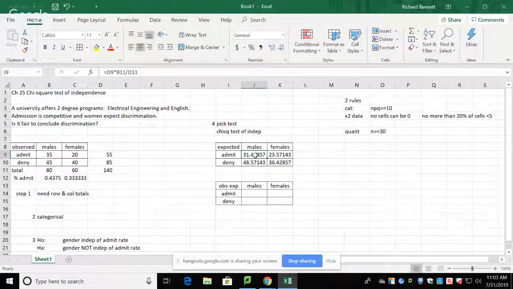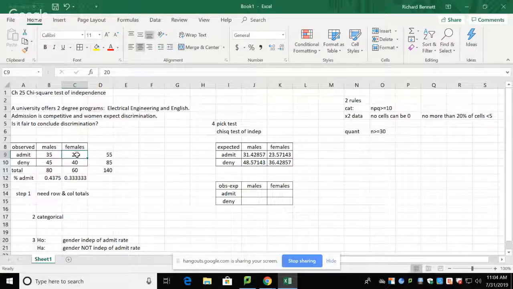If there was no discrimination going on, we would have expected 23.5 females to be admitted. Only 20 were admitted. So fewer females were admitted than we would have expected, right?